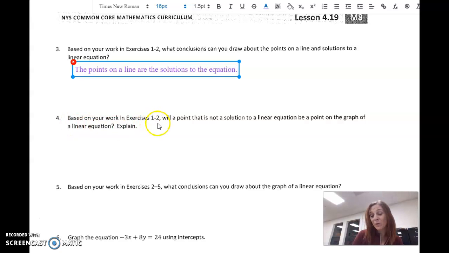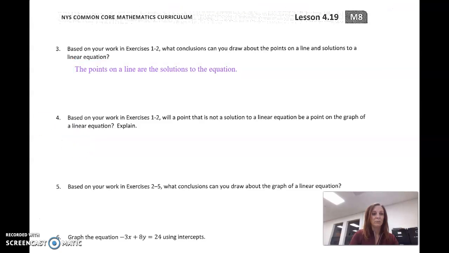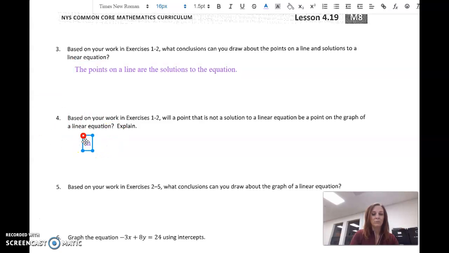Based on your work, will a point that is not a solution to a linear equation be a point on the graph of a linear equation? If it's not a solution, is it going to be on the line? Oh, no. Only the points on the line are solutions.